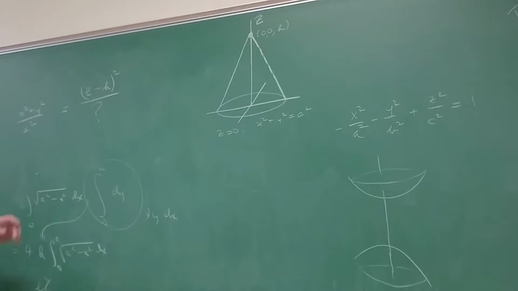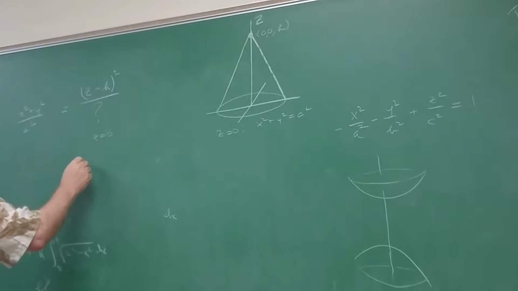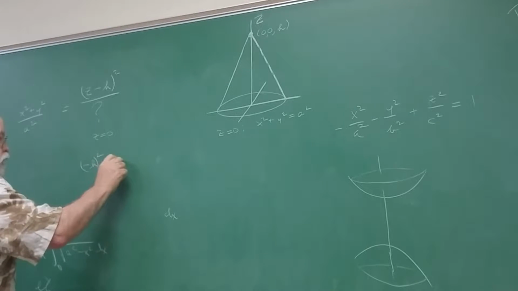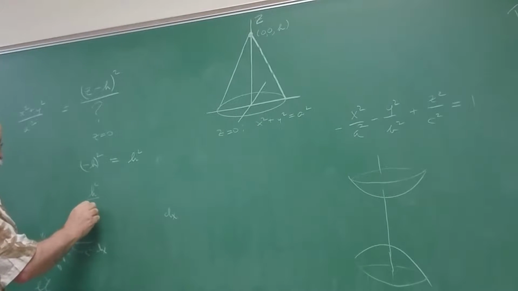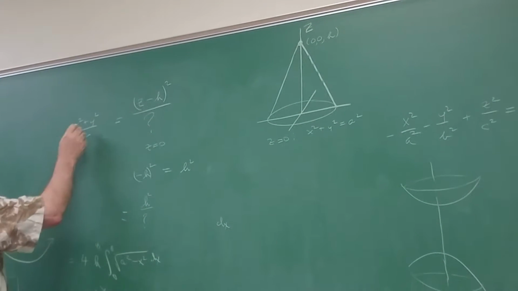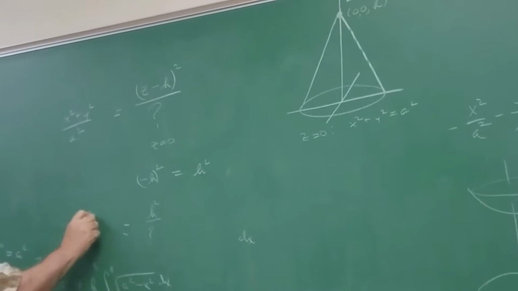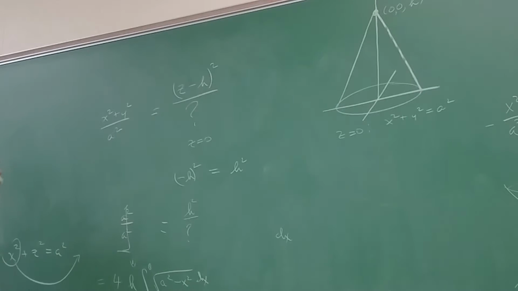If I put z equals 0, then what I have is negative h squared, so it's positive h squared, and I'm dividing it by something. And over here, what I want is that circle. So I want x squared plus y squared equal a squared. This will be a squared over a squared, which is just 1. So I want the question mark to be h squared.